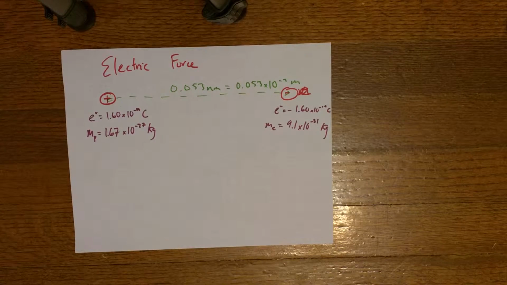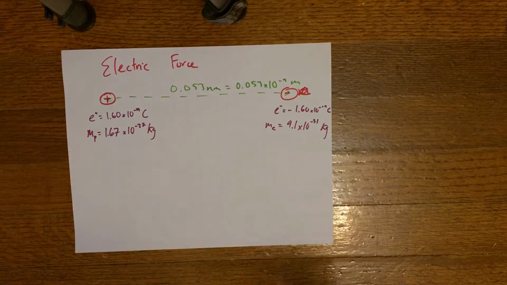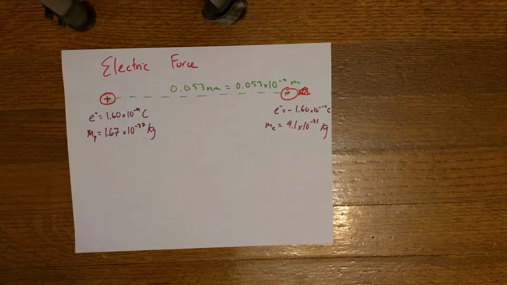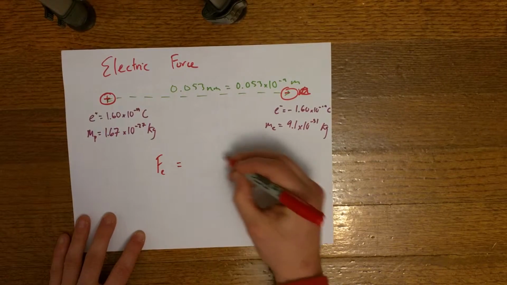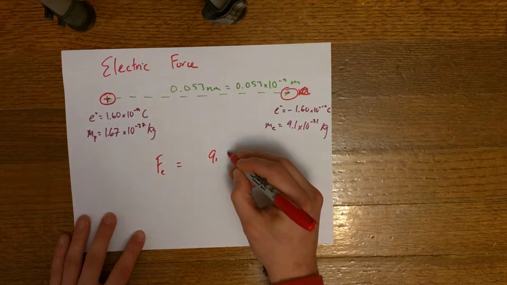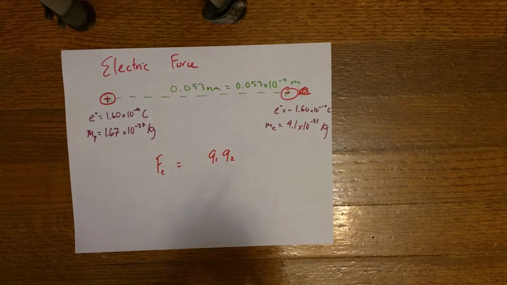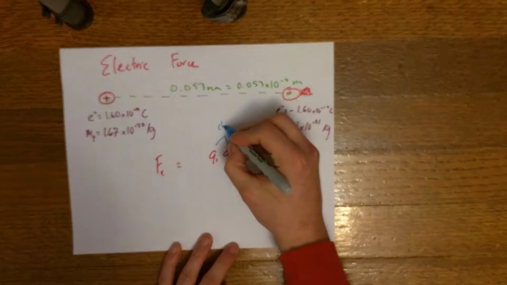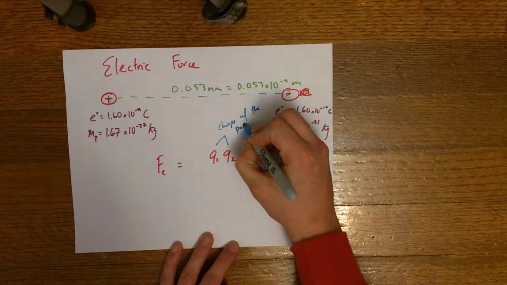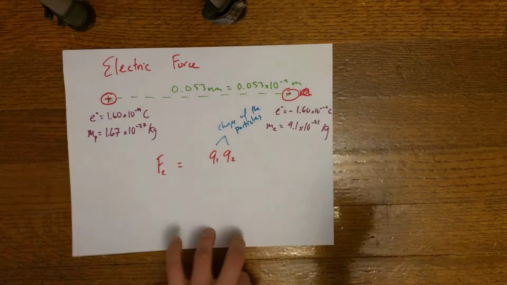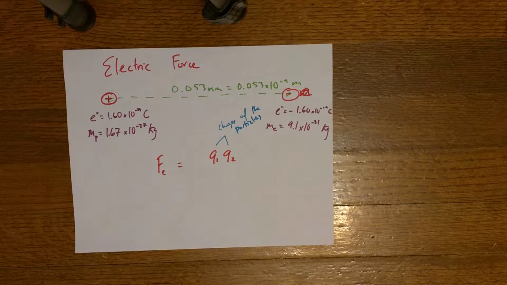If we have more charge on one of these sides, it should make sense that the force is bigger. So the electric force depends on both of the charges, Q1 and Q2. So the Q's represent the charges of the particles. It must also depend on the separation distance.